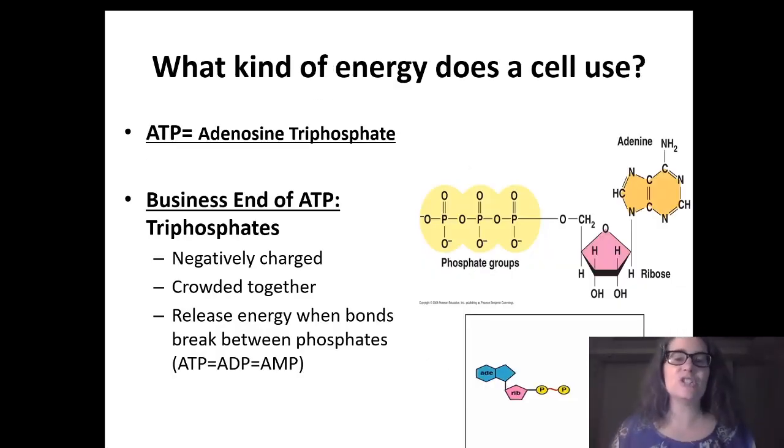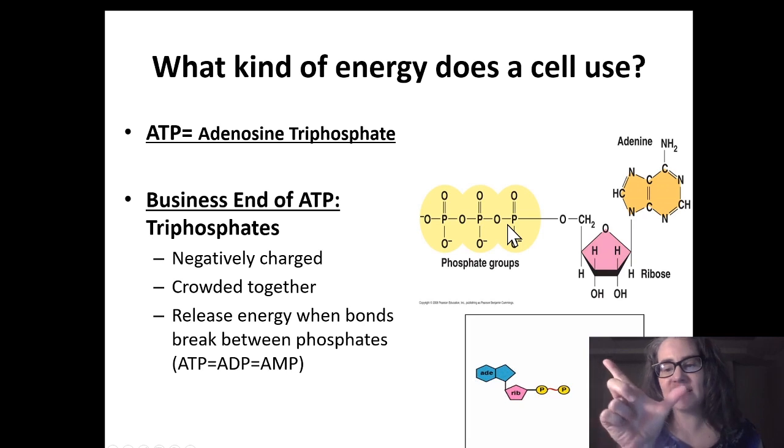Now, what kind of energy does a cell use? Cells have a special form of energy that is very easy for cells to break down and build up, and it is called adenosine triphosphate, or ATP. Adenosine triphosphate, I hope you notice over here, has a ribose sugar, an adenine nitrogen base, and some phosphate groups. And it makes almost this letter L repeating unit.